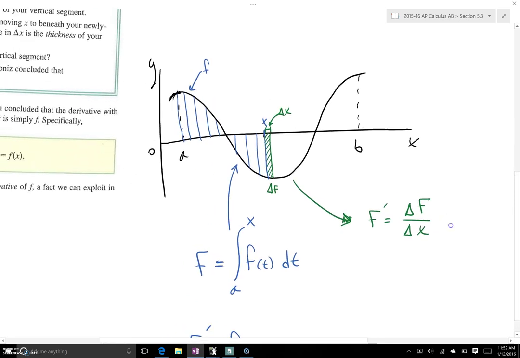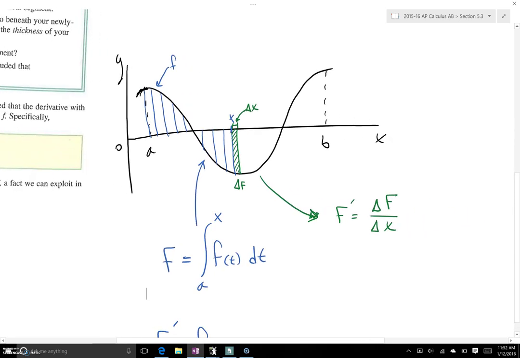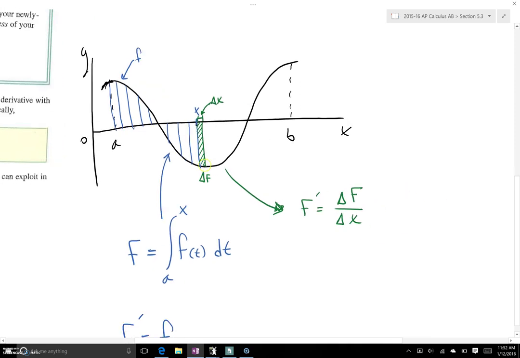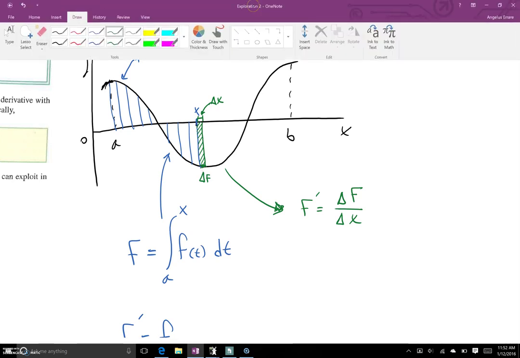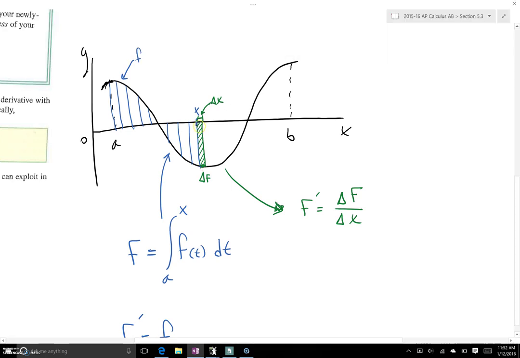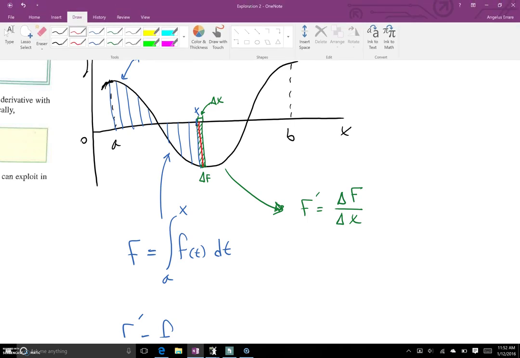So if we let delta x become very small, as these push together, if that rectangle becomes infinitesimally skinny, then the height is just f, the same thing we saw here.